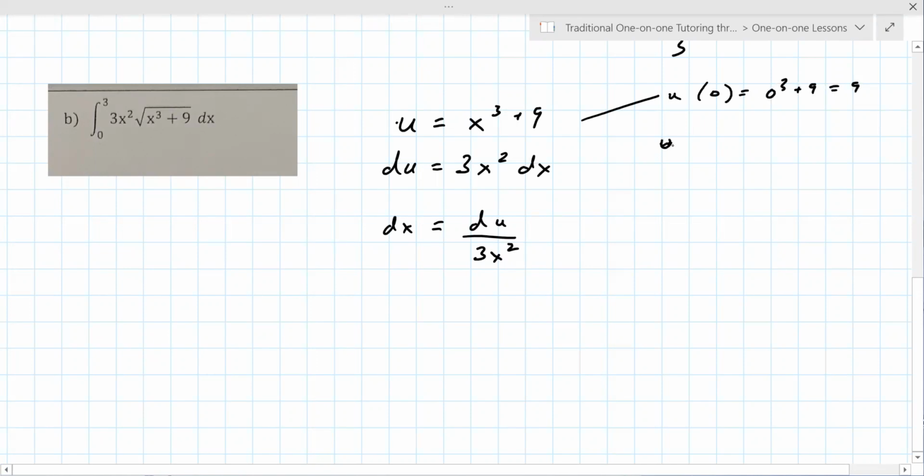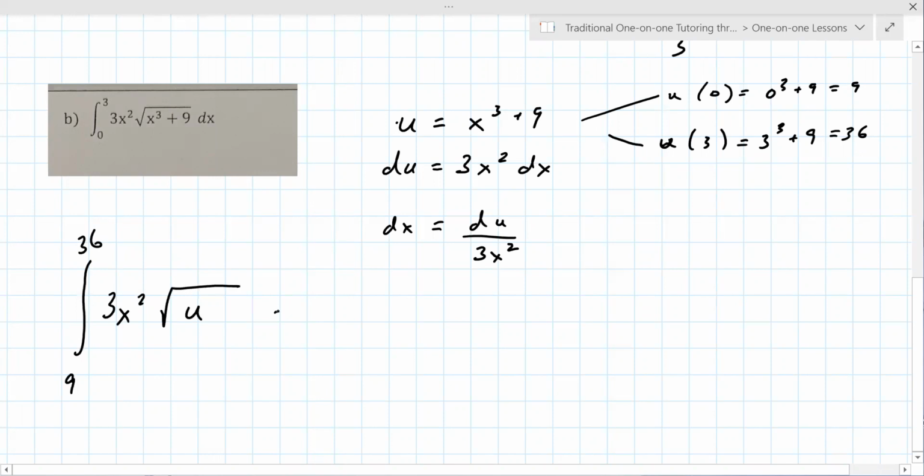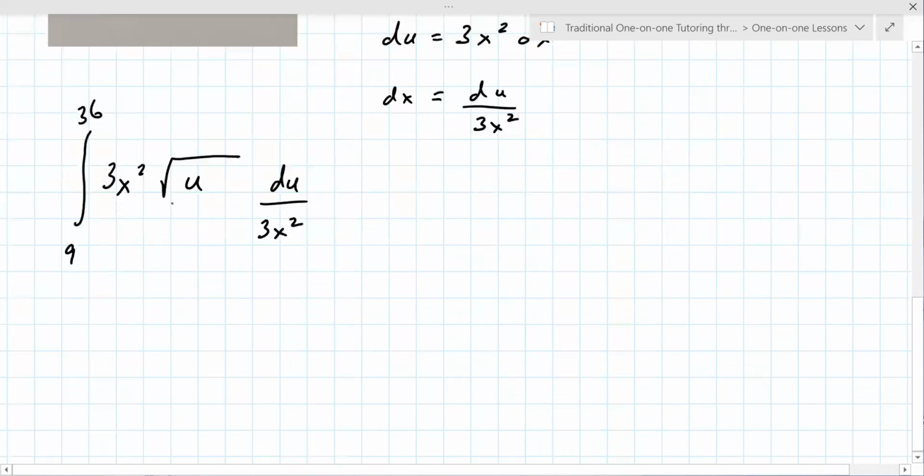And then u of 3 is 3 cubed plus 9. 3 cubed is what, 27? So that's 36. So we're going to integrate from 9 to 36, those two bounds, 3x squared, square root of u. And then instead of dx, it's du over 3x squared. And you see how those nicely cancel?